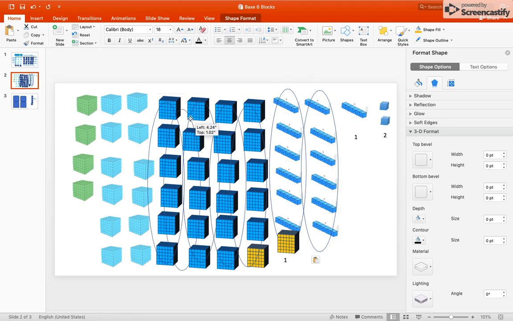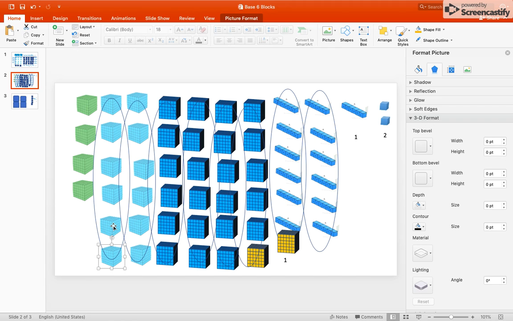Again, since I'm in base 6, every time I have 6, I need to regroup. So I have 1 group of 6, 2 groups of 6. These are going to be 10,000s. Let's see if I can make a block that shows 10,000s real quick. We're going to try and squish these together.